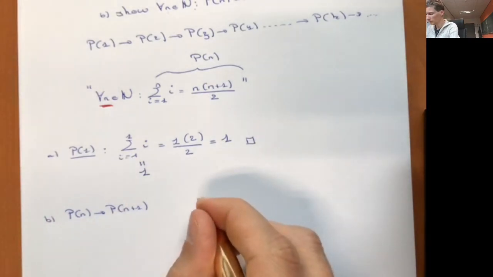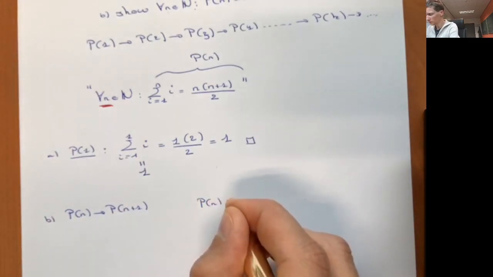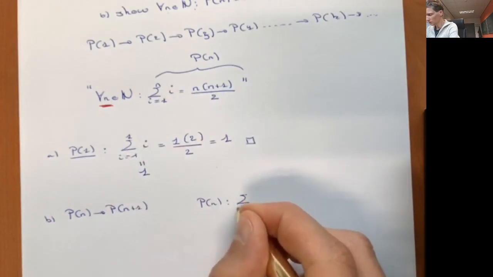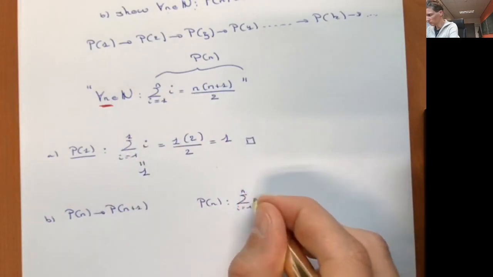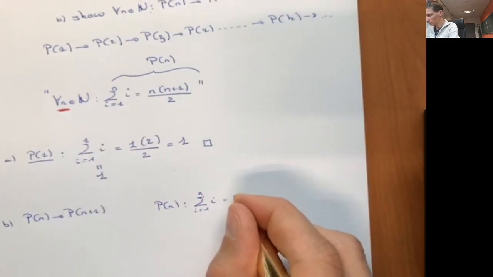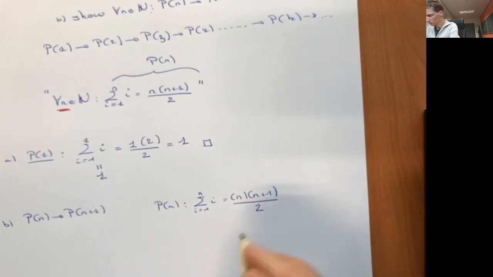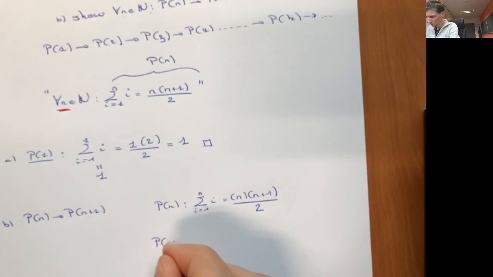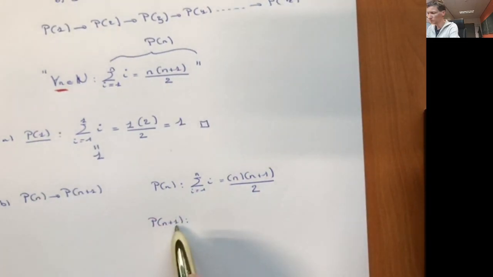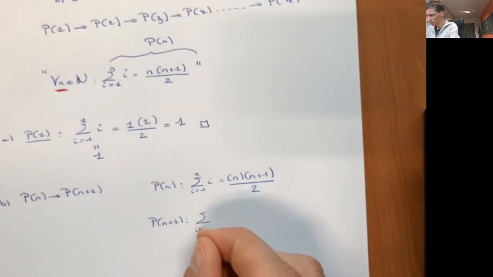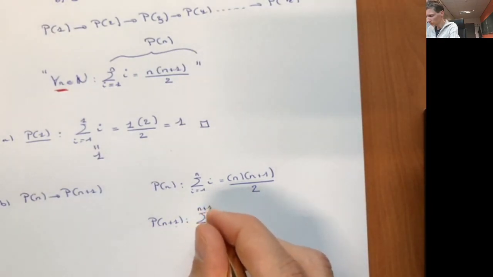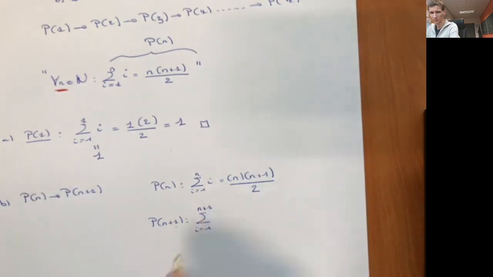Okay, so what's P(n)? P(n) is the fact that if I sum i from 1 to n of i, I get n times (n+1) over 2. What's P(n+1)? Instead of n, I now have n+1. So this is the sum from i equals 1 to n+1 of i.